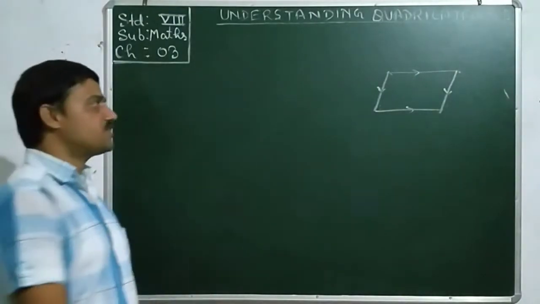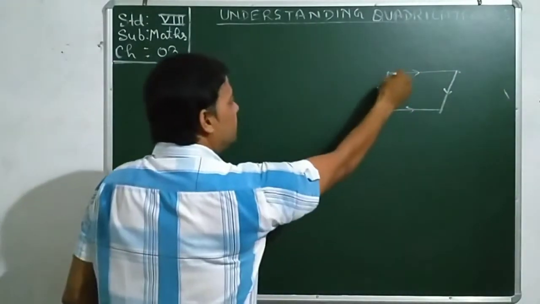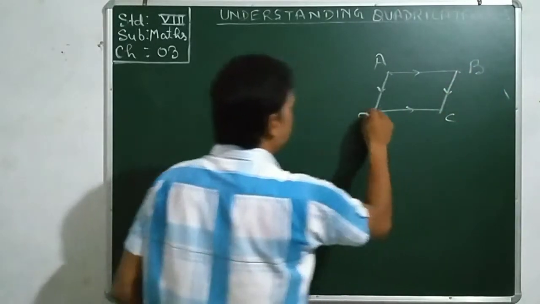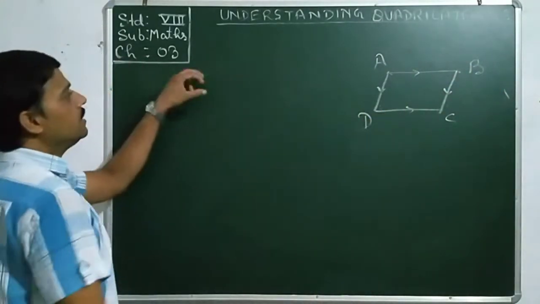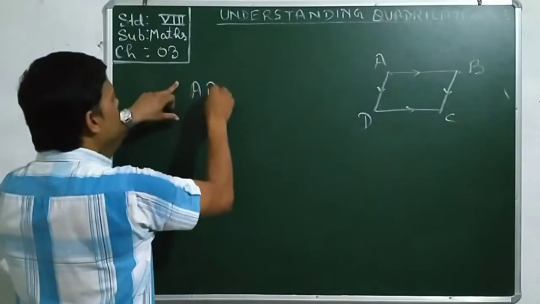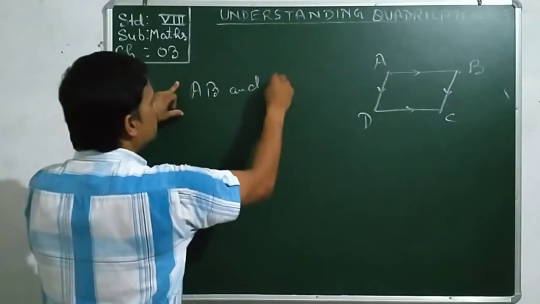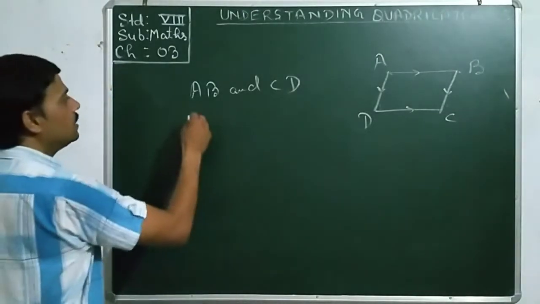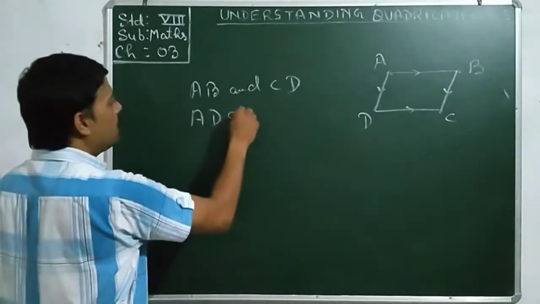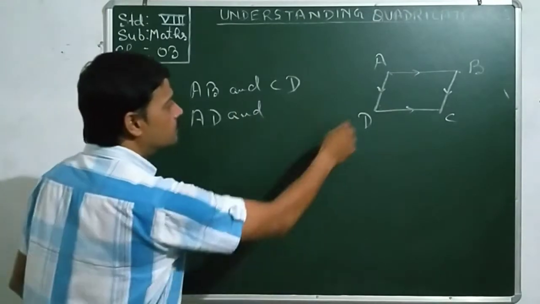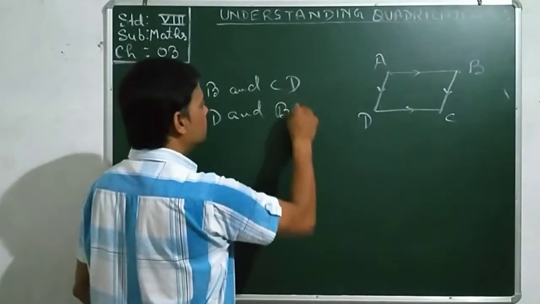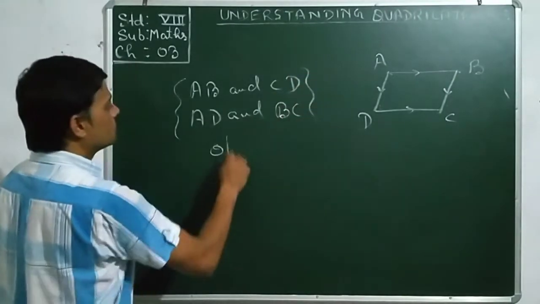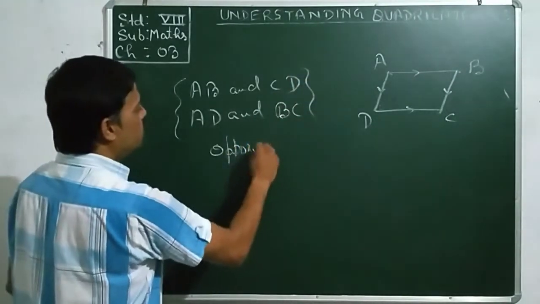These are the elements. If you consider this parallelogram as ABCD, AB and CD, as well as AD and BC, are opposite sides.